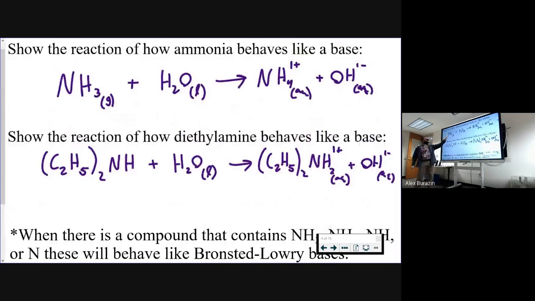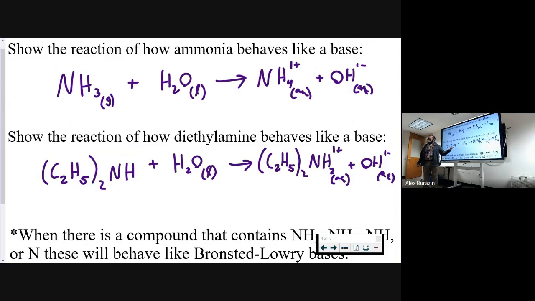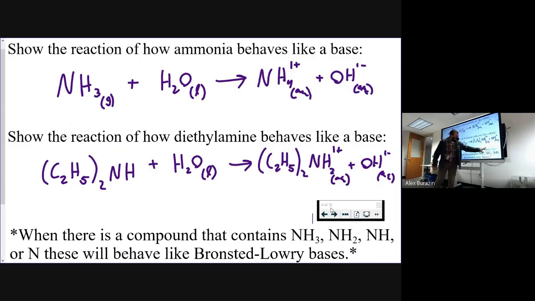What I have is a nitrogen group, NH3. A nitrogen group, and this one is NH. Sorry for moving. Nitrogen groups, NH3, NH2, NH, and N. These are bases.